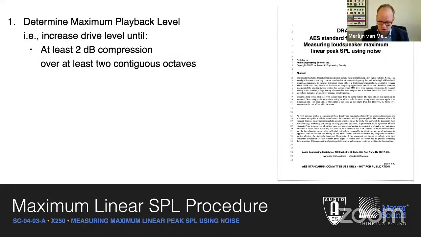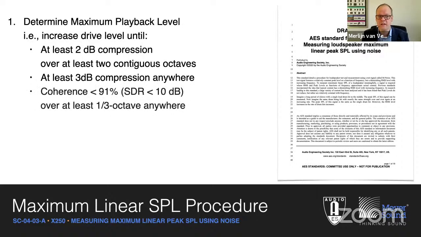So just keep increasing the drive level, turn up that volume knob until you either see 2 dB compression over at least 2 contiguous octaves, or at least 3 dB of compression anywhere within the system frequency range. And finally, stop increasing the level once coherence drops below 91%, i.e. your signal and noise power are now within 10 dB of each other, which is clearly nonlinear. That's the first part of it.